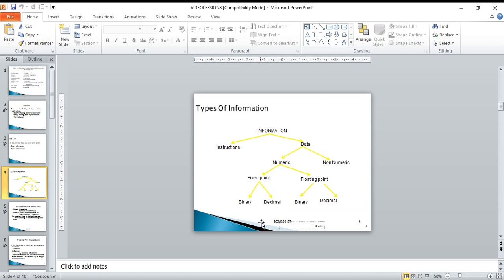Binary fixed point representation and decimal fixed point representation. In binary fixed point representation, in the signed magnitude and the signed ones complement, there is one disadvantage, that is zero has two representations.